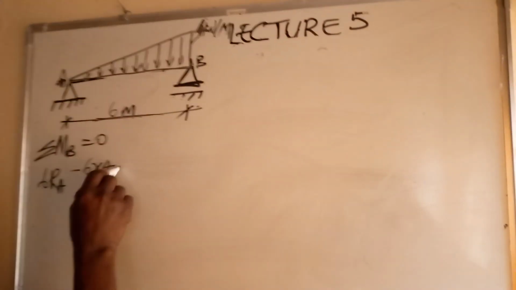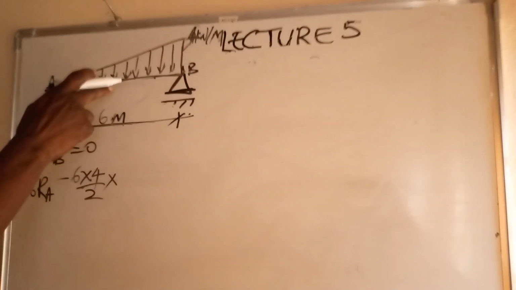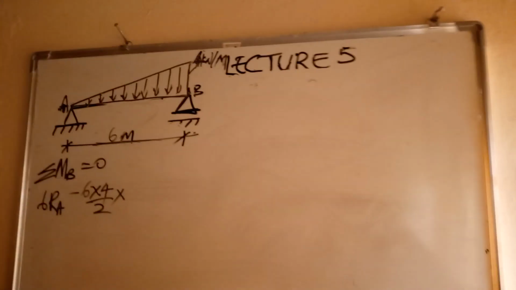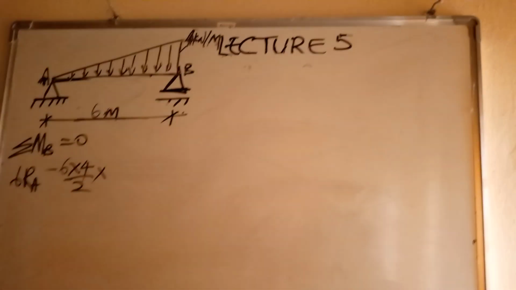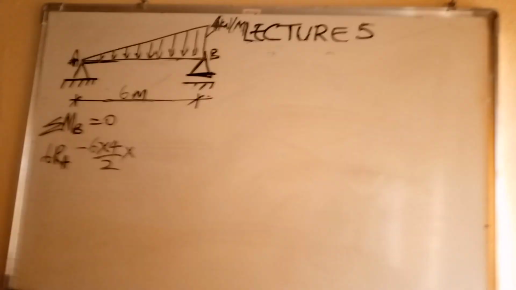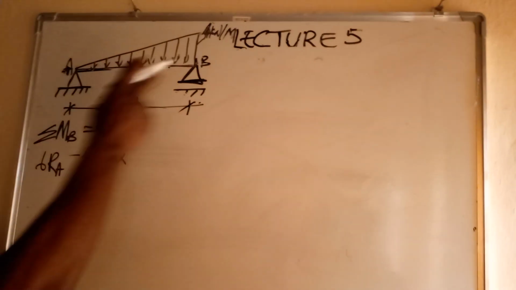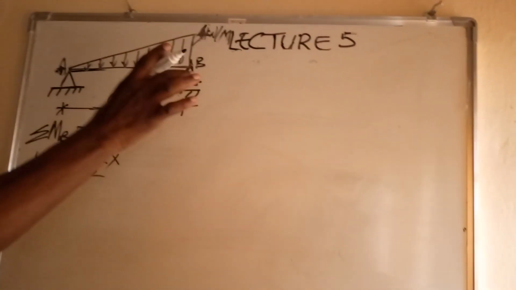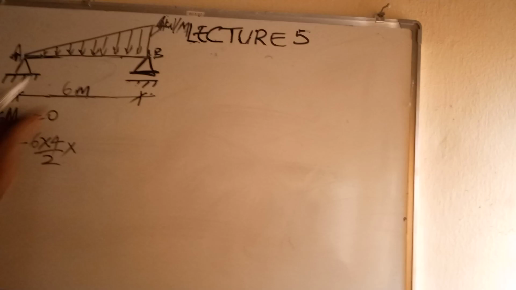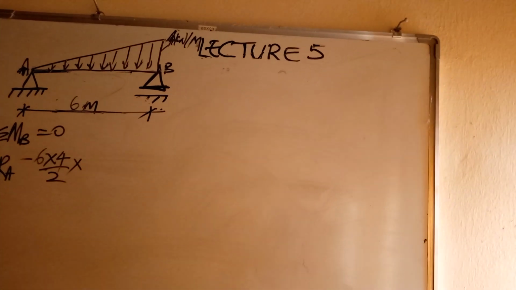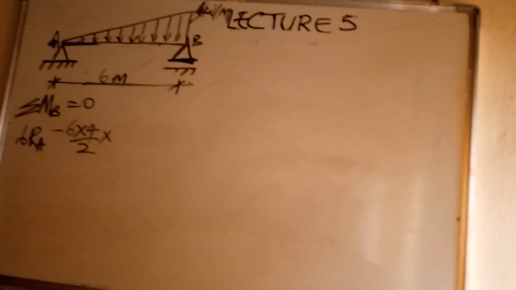Then to make it a moment, the distance from the center of gravity of the triangle to the fulcrum, that is point B. The center of gravity of the triangle from the larger end is 1/3 of the length, while from the other tip is 2/3.